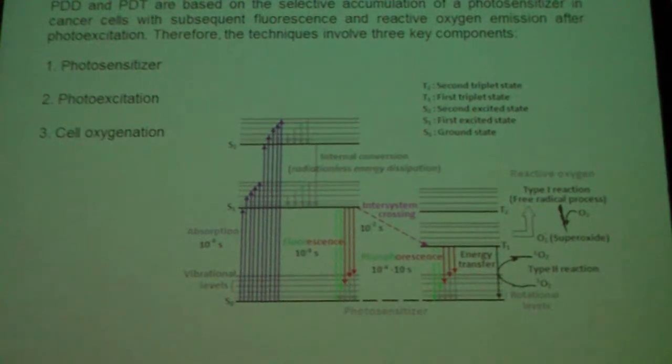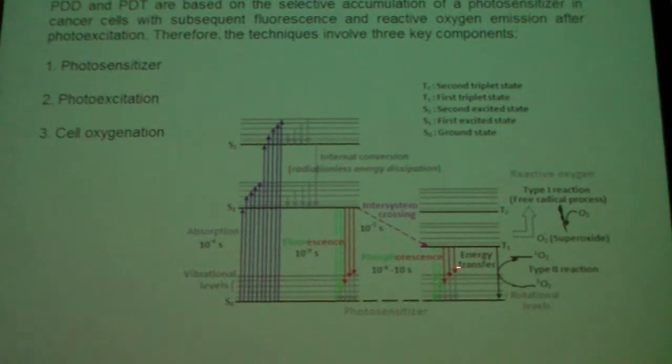It is also possible that the molecule goes to the first triplet state, or T1. During the decay from the triplet state to the ground state, it can go through several interactions, or it can just generate phosphorescence.